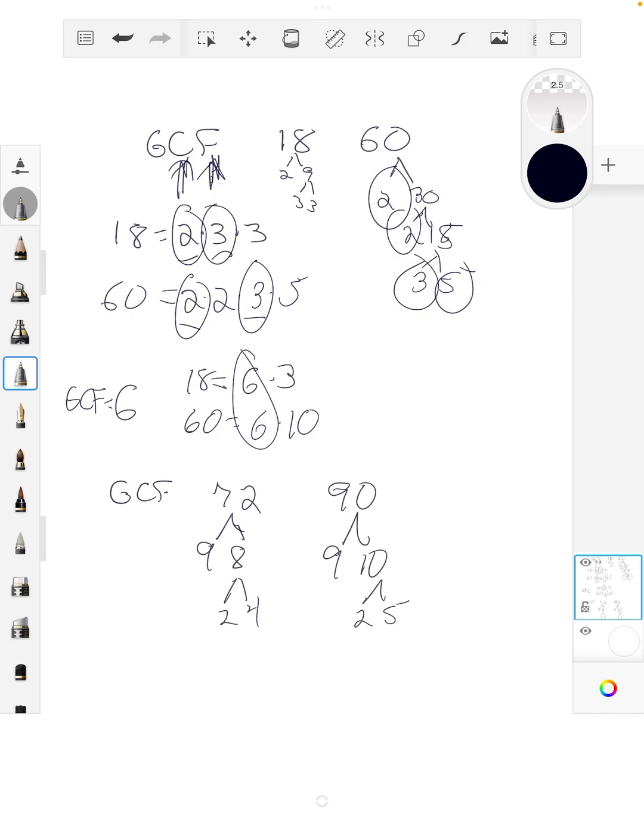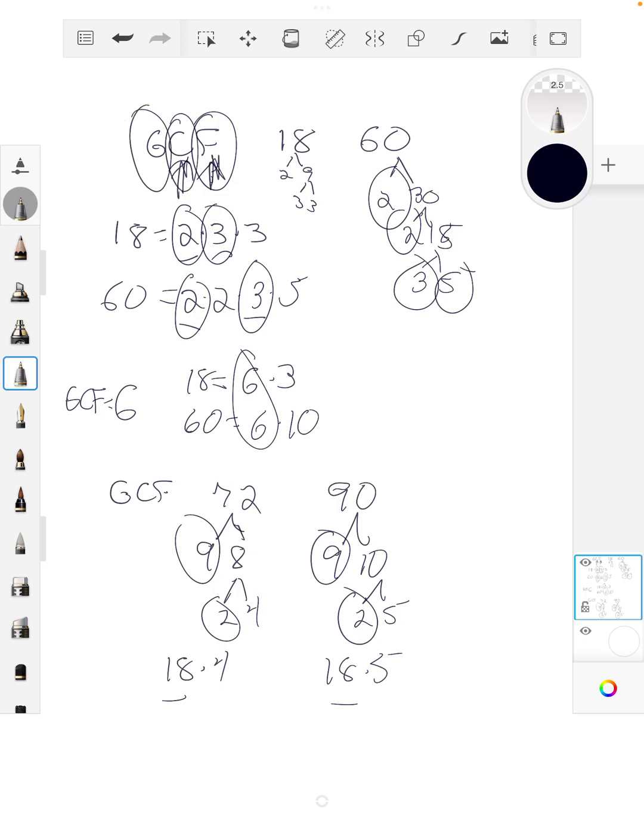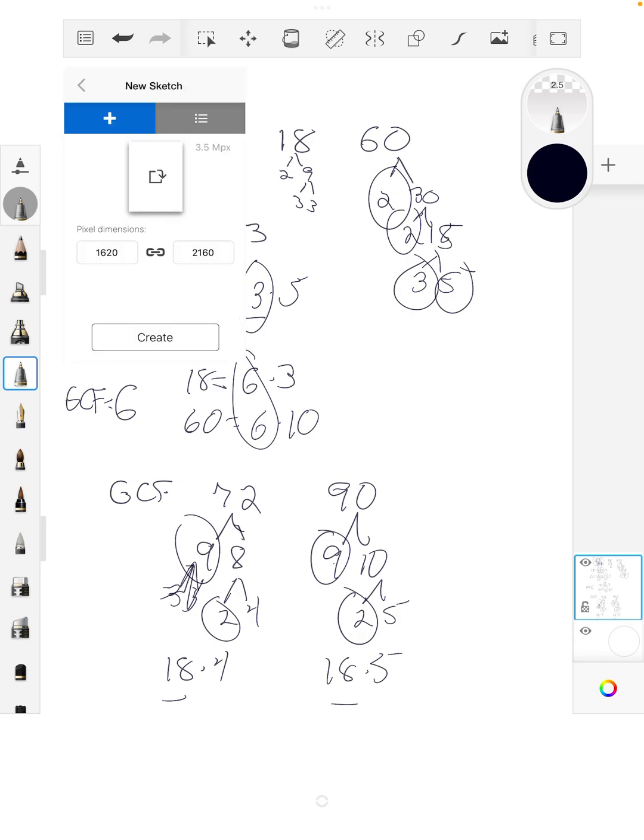Okay, so my common factor is going to be 9 times 2, or 18. 18 times 4 is 72. 18 times 5 is 90. The greatest common factor, going back to here: factor first, find what's common, multiply them together. That'll give you the greatest common factor. And I didn't have to break this down to 3 times 3 because I knew there was a 9 in both. And that's okay to do.